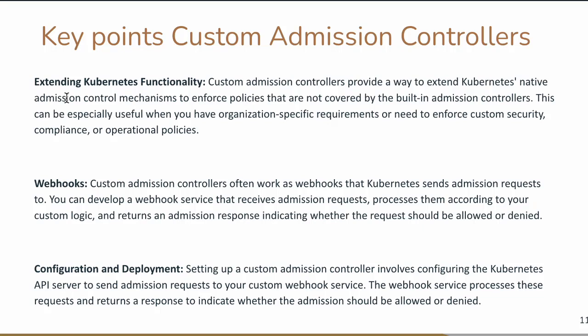This webhook service, when it gets triggered, is going to receive the admission request. Then it processes that request according to the custom logic that you have written, and on the basis of that logic, it returns the admission response indicating whether the request should be allowed or not.